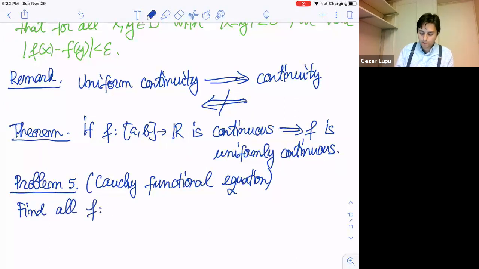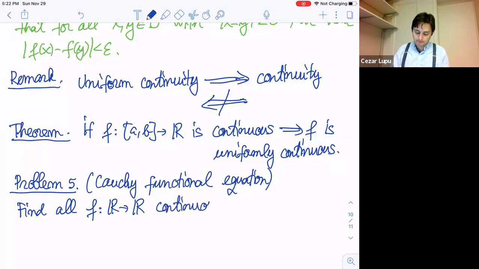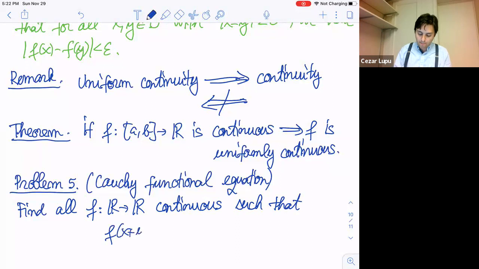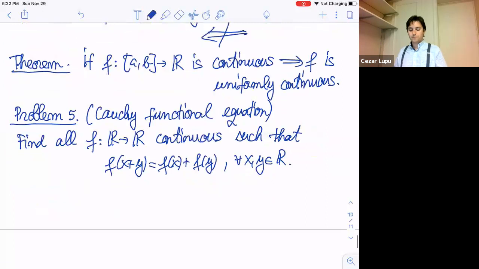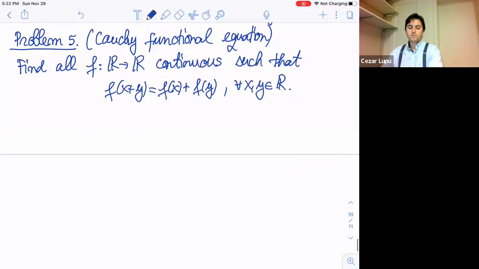all functions f defined on R and real valued, all continuous functions, such that f of x plus y is the same as f of x plus f of y for all x, y in R. Okay, let's look at this.